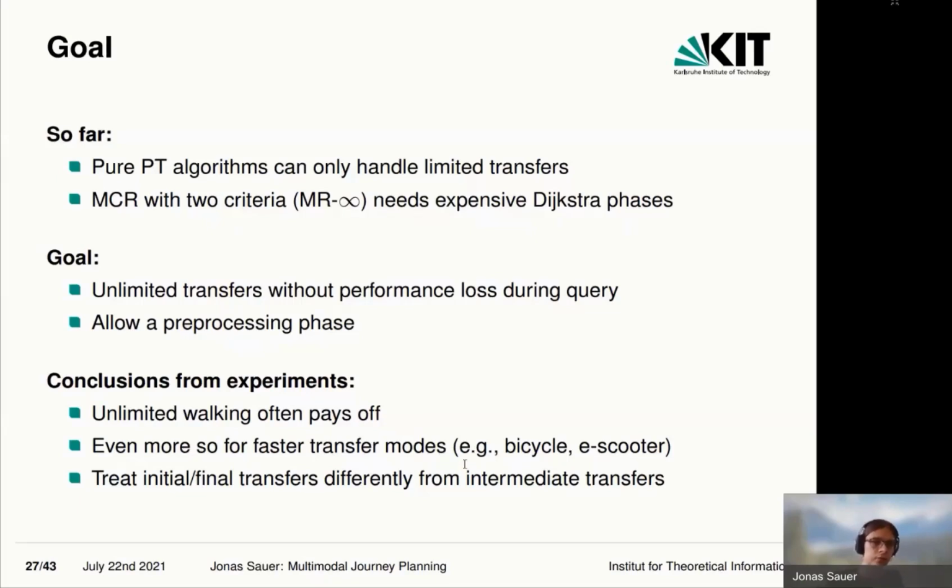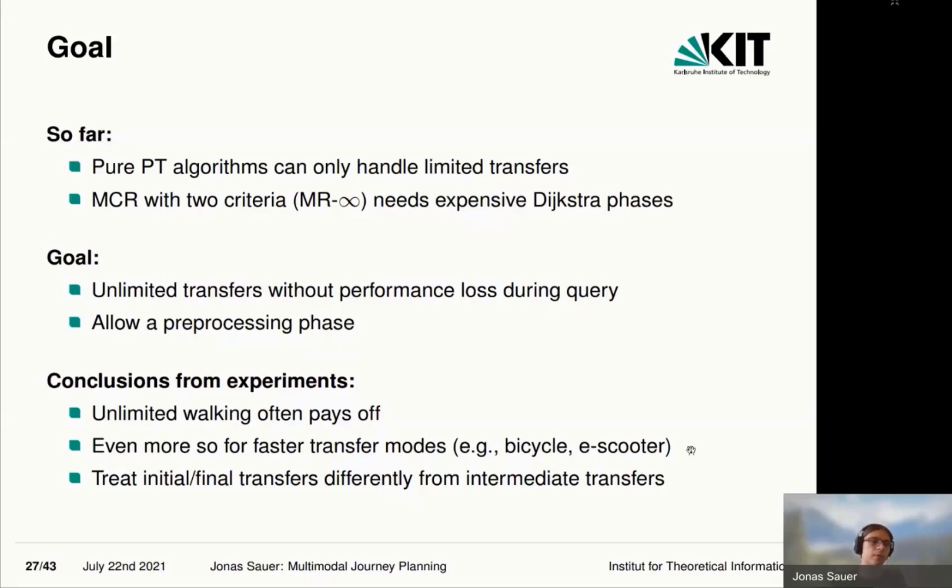And of course, everything I showed you so far only goes for unlimited walking, and it's natural that if you allow for a faster transfer mode, such as cycling or e-scooter, the impact of unlimited transfers will only increase.